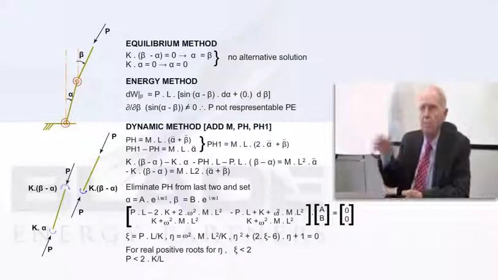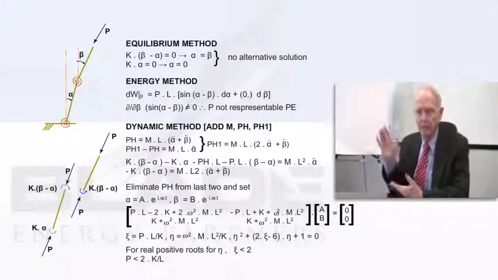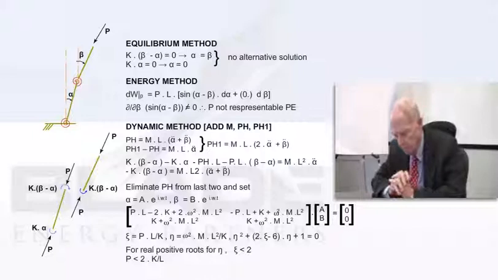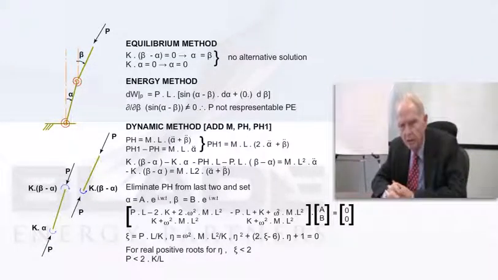It can bend all over the place, so it has infinite degrees of freedom. And he struggles away and solves that. And he writes his solution in terms of the corresponding solution for the load that's not a follower load, the one that has the potential energy.